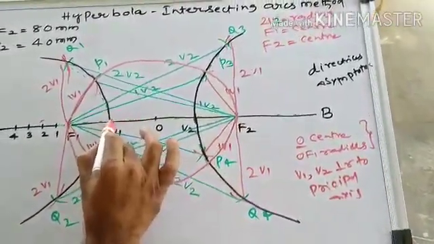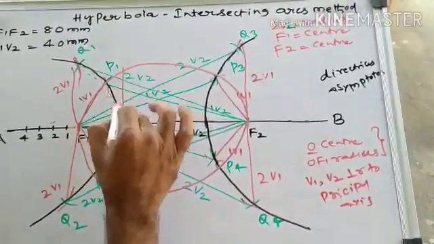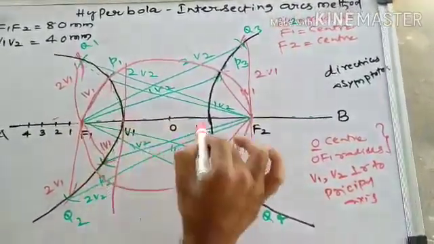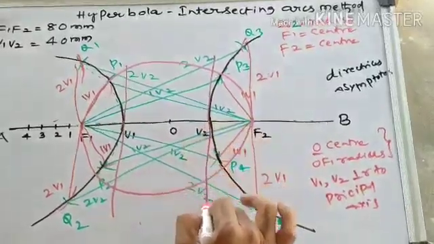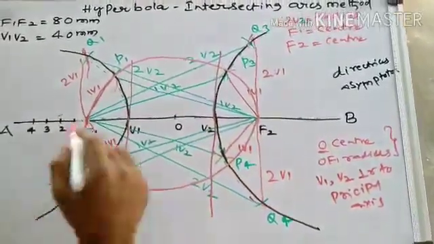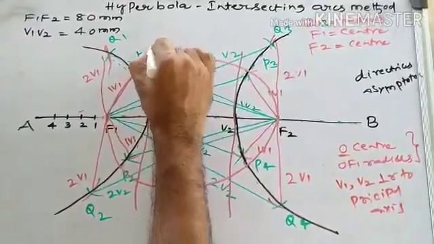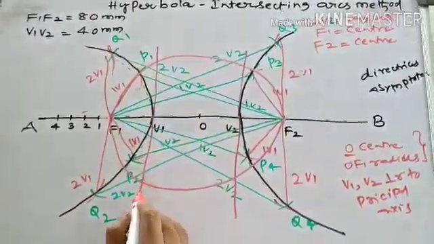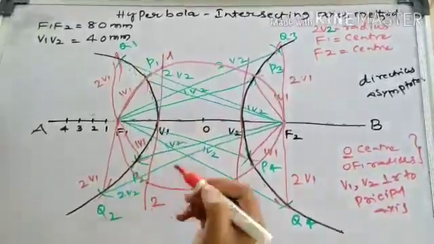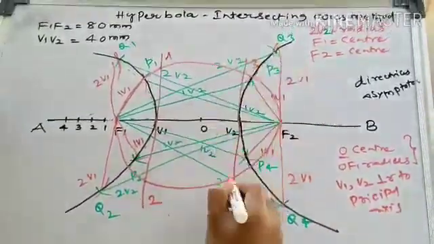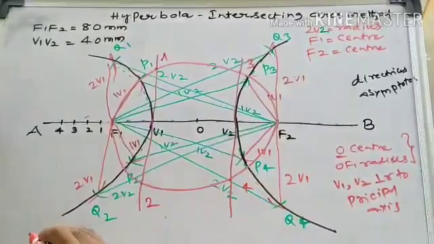Passing through V1, draw a perpendicular. Passing through V2, draw a perpendicular. Now these are going to intersect the circle at certain points. This is 1, 2, 3, 4.